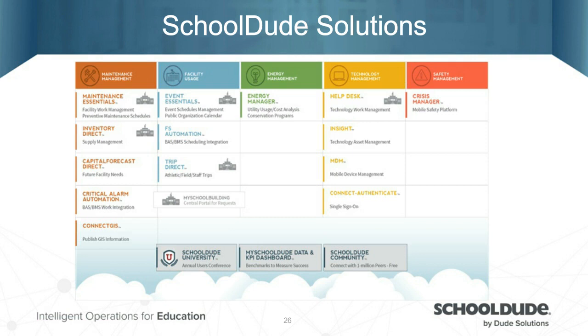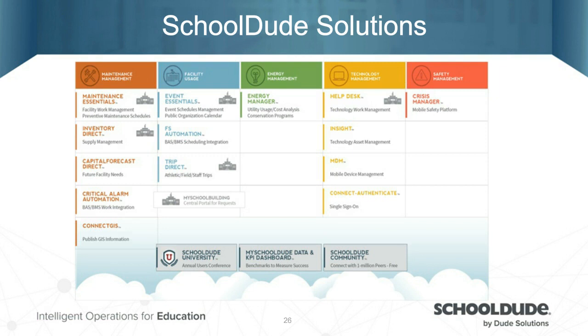So everybody, we're going to take just a quick moment to give you a quick overview of some of the products we have here at SchoolDude and Dude Solutions, and then from there we're going to jump specifically into our Technology Essentials Suite. So really just running left to right, for anybody who's not familiar with us as an organization, we did start in the maintenance management realm with facilities maintenance. So a lot of the solutions you're seeing on the far left really dig pretty heavily into maintenance management, asset management, and capital planning for our facilities. We have a lot in the way of services we provide, from full-on FCAs all the way through generating and building preventative maintenance schedules for our clients.